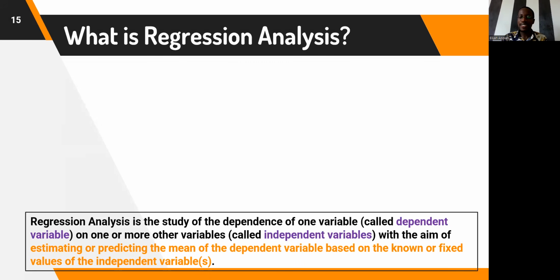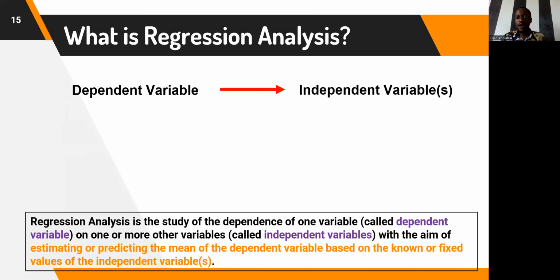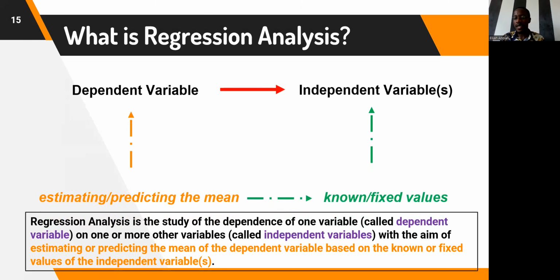Regression analysis is the study of the dependence of one variable, which is known as the dependent variable, on one or more other variables known as the independent variables, with the aim of estimating the mean or predicting the mean of the dependent variable based on the known values of the independent variables. This is regression analysis.